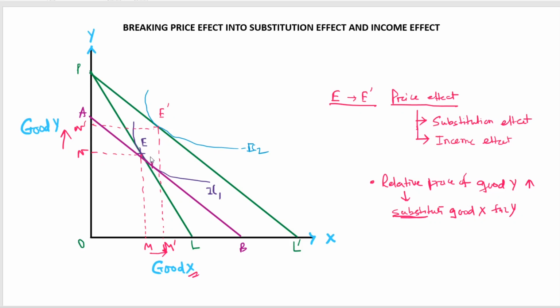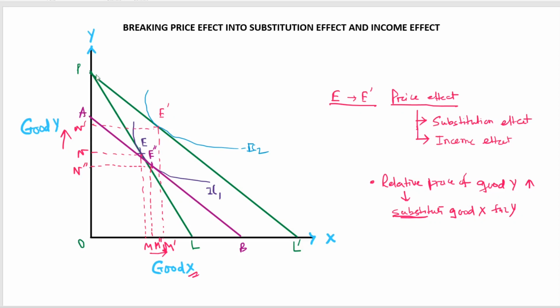So if this is named E double prime, and if we see the consumption when the consumer is at E double prime, pardon my bad drawing, this is N double prime, and this can be named M double prime.